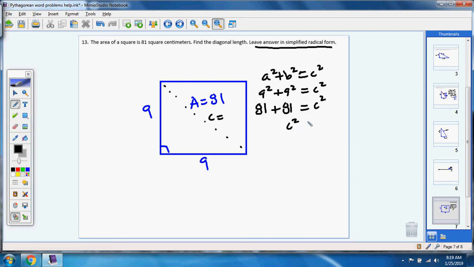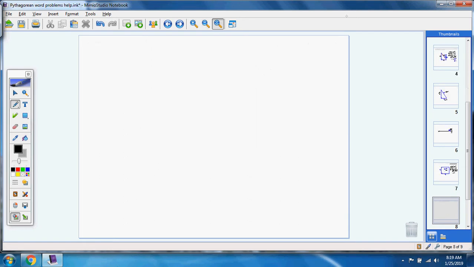So c squared is equal to 162. Square root both sides. Now again, the simplified radical form, that's really talking about the factor tree problem. So if you can go ahead with me and break up your 162.